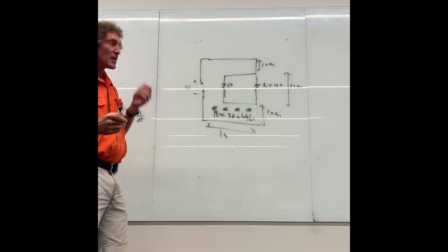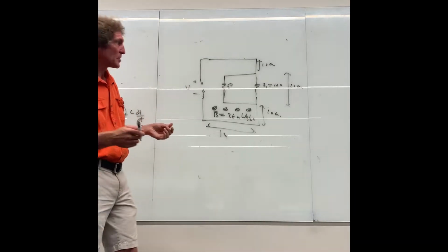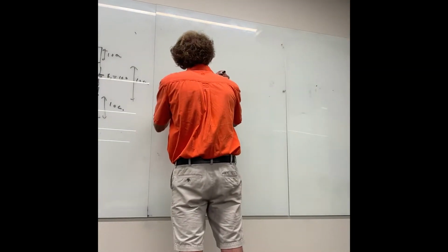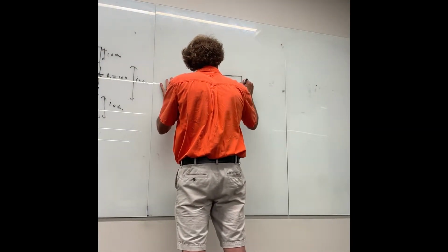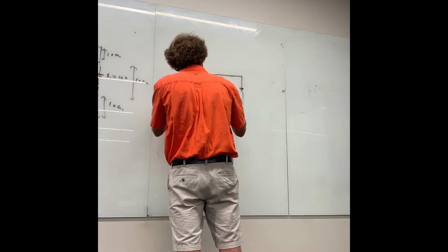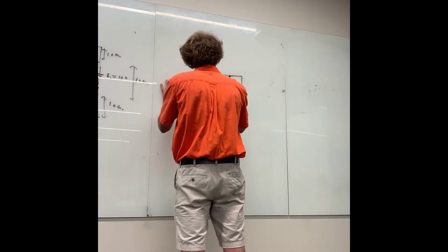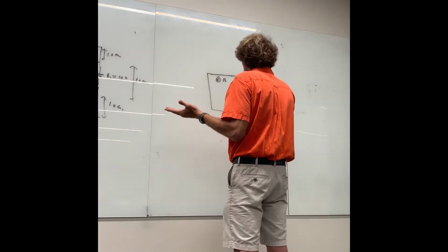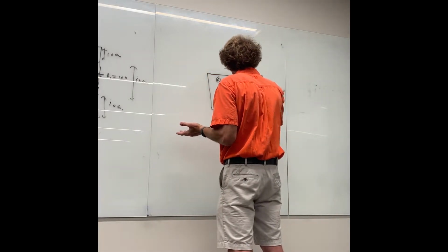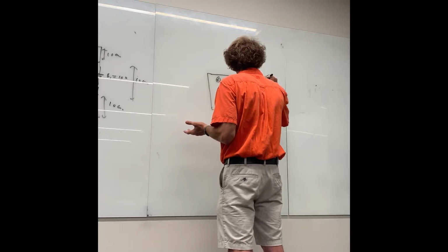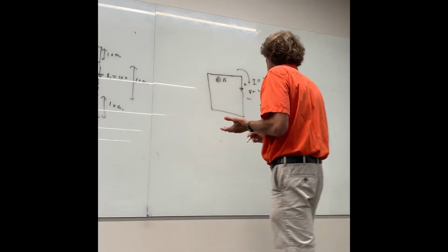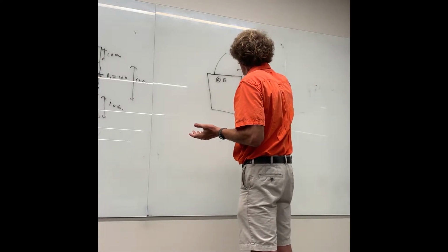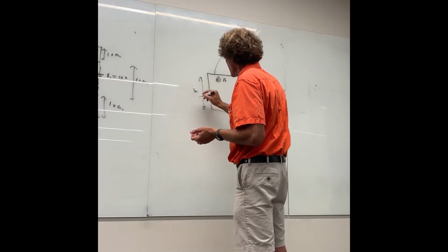I told you that anytime you had these problems, if I had a loop with a resistor in it, and a B field into the board, and I wanted to know what the voltage or current was flowing, if I want I or V, well, I'm just going to say the loop has an area A. A would be W times H, call that H, call that W.